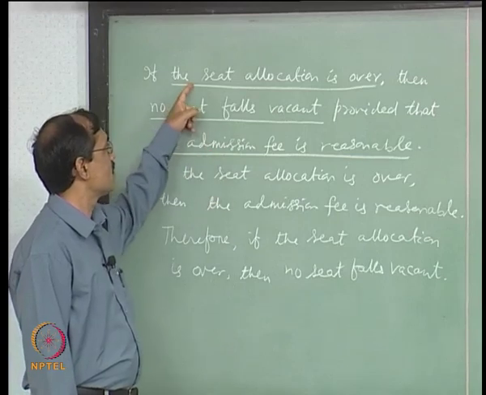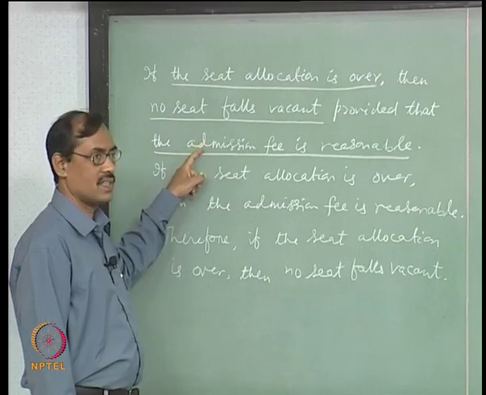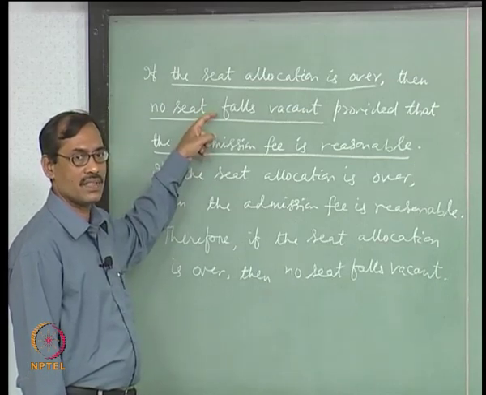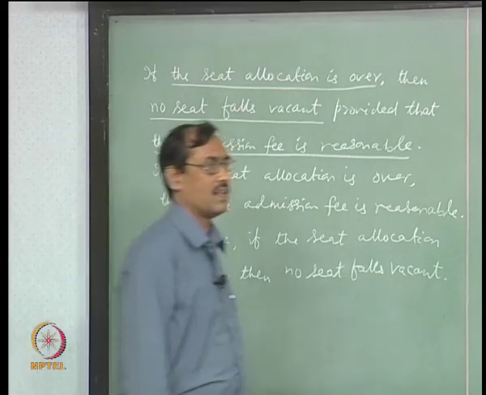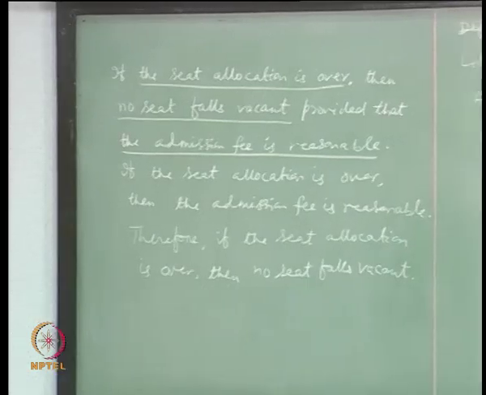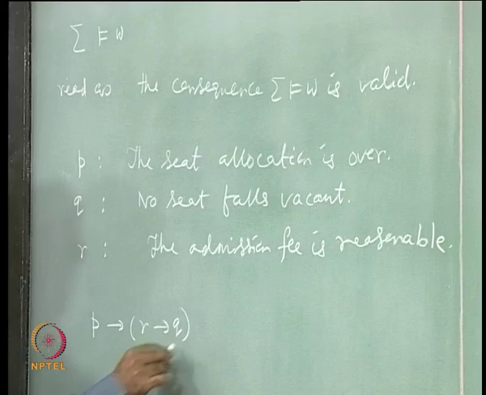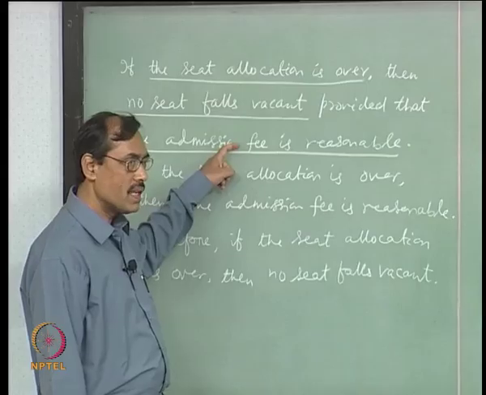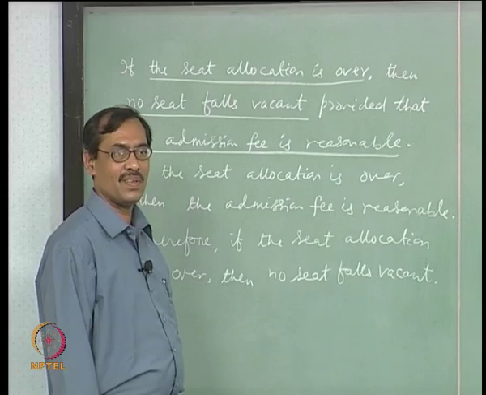So, P implies, then this if this, R implies Q, it is Q if R, right. So, if R then Q, fine. So, you may write P implies (R implies Q). Sometimes you may write it as R implies (P implies Q), right. We will see that they are equivalent.